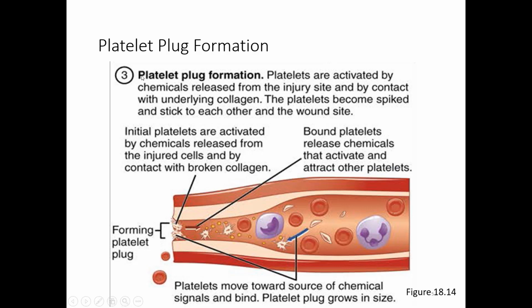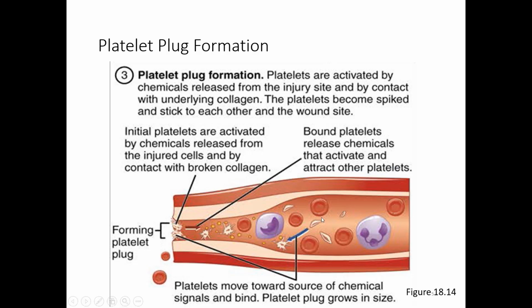Second stage would be platelet plug formation. What is that? Those injured cells keep releasing chemicals, and those chemicals go to the platelets. Remember those tiny cell fragments found in the blood, platelets, or thrombocytes.